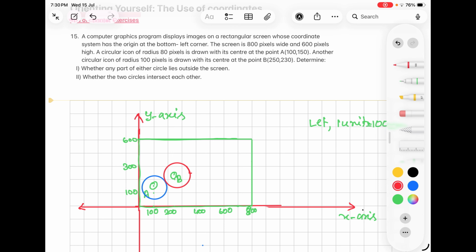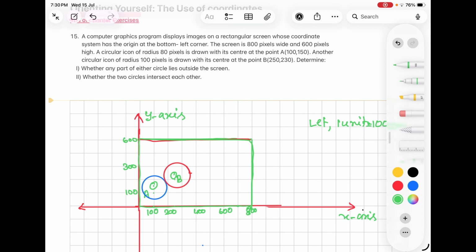Now determine, first part, whether any part of either circle lies outside the screen. This is the screen of this computer. The two circles lie within the screen, not outside the screen.